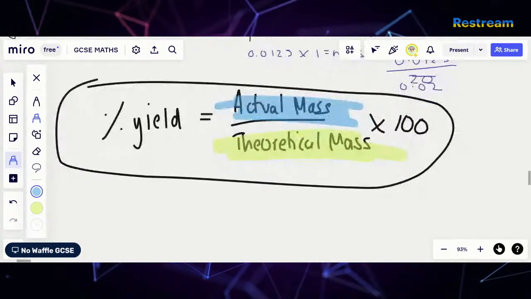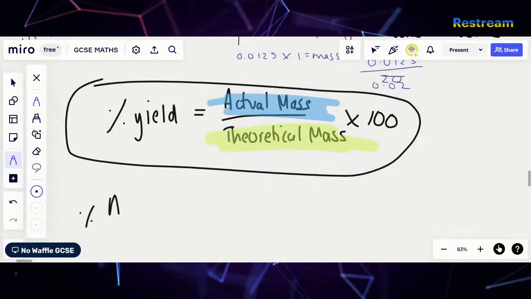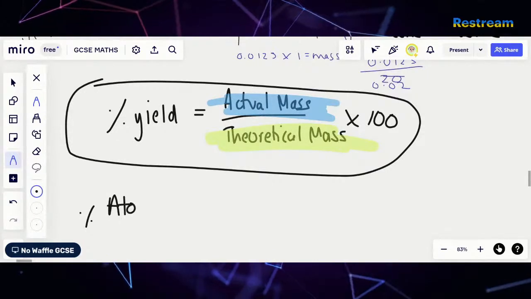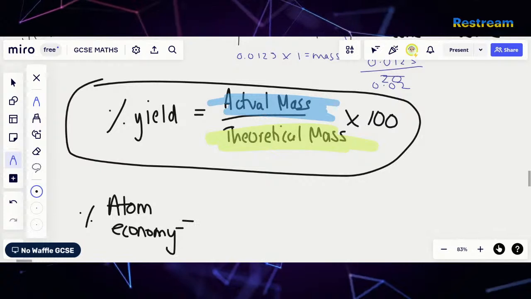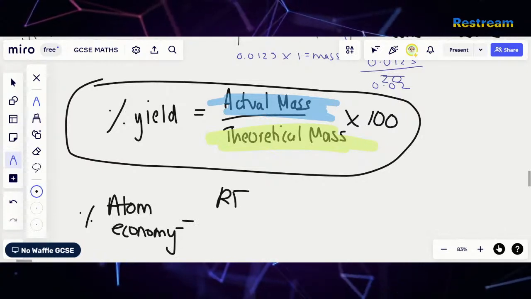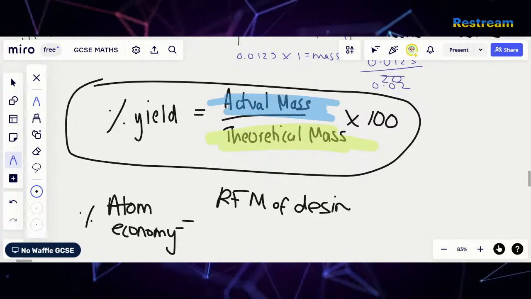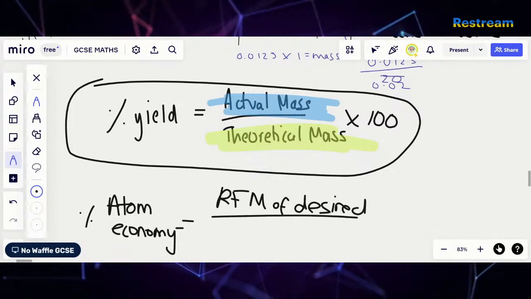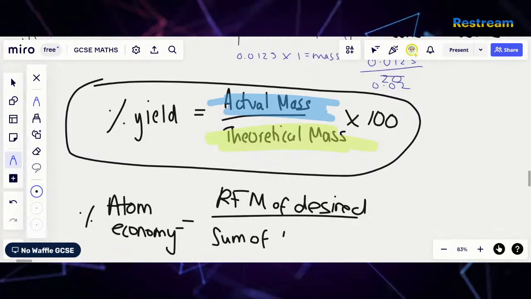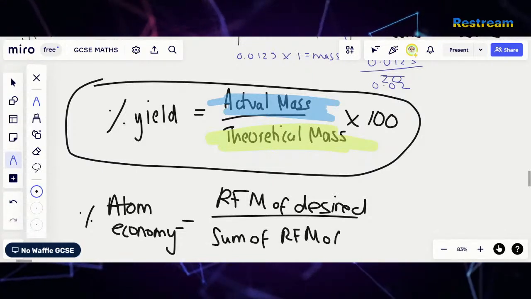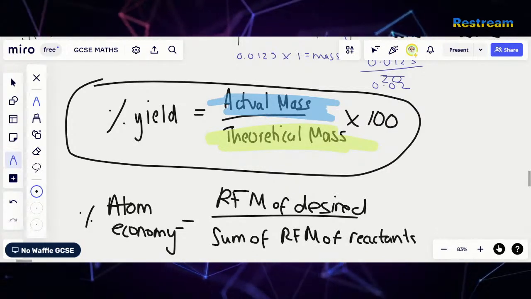Now you have the other equation, which is percentage atom economy. Percentage atom economy is the relative formula mass of the desired product over the sum of the relative formula masses of the reactants, and then times 100.